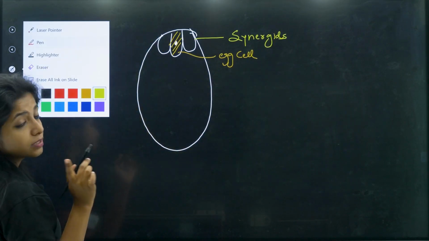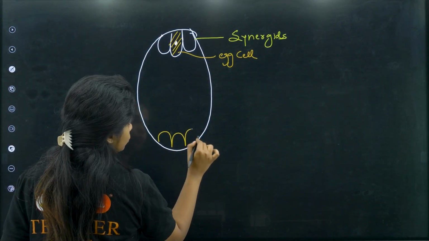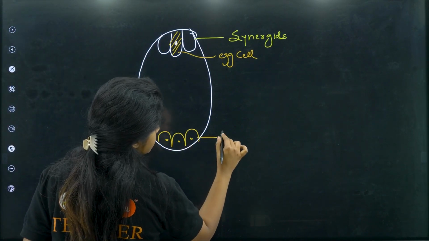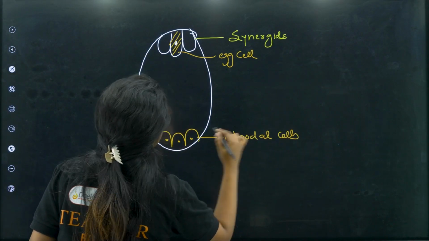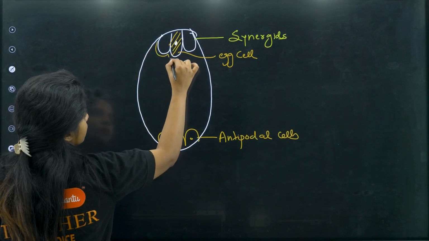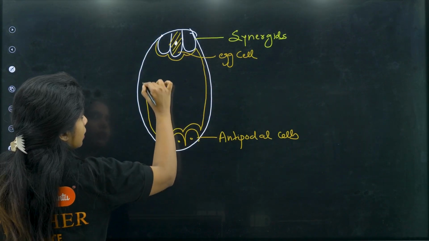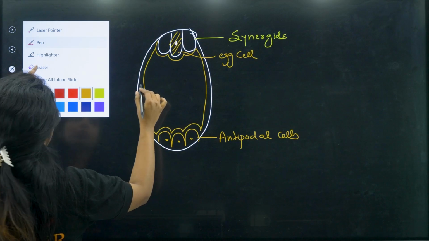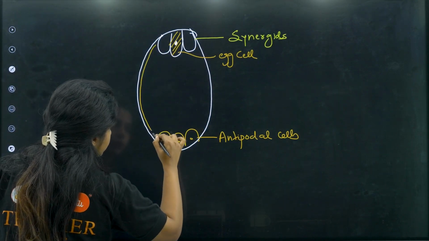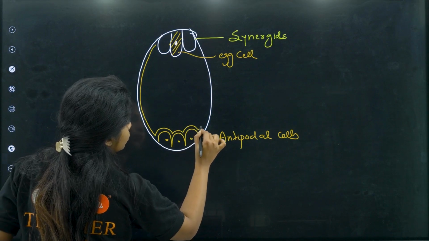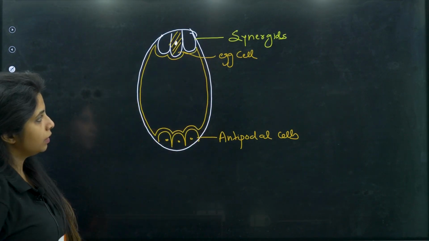Listen to me very carefully, I am going to explain double fertilization as well. Three cells are over here, 1, 2, 3. These are known as antipodal cells. To explain things, I might have to draw properly.